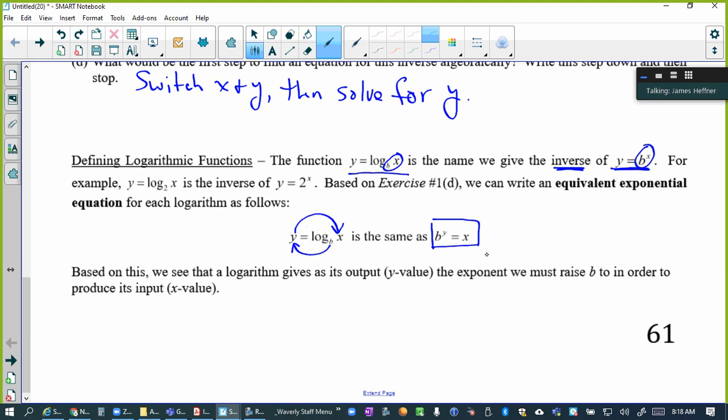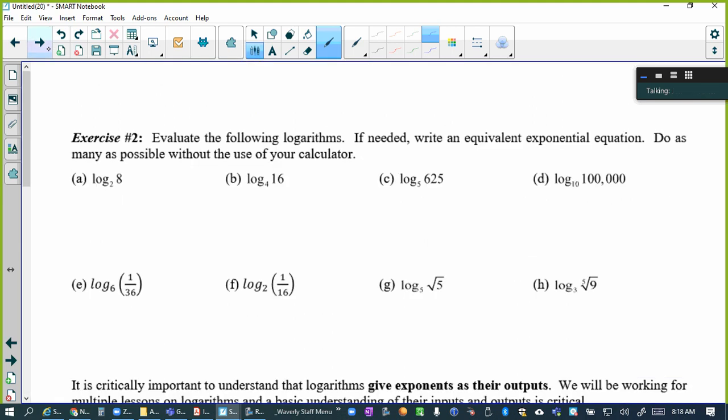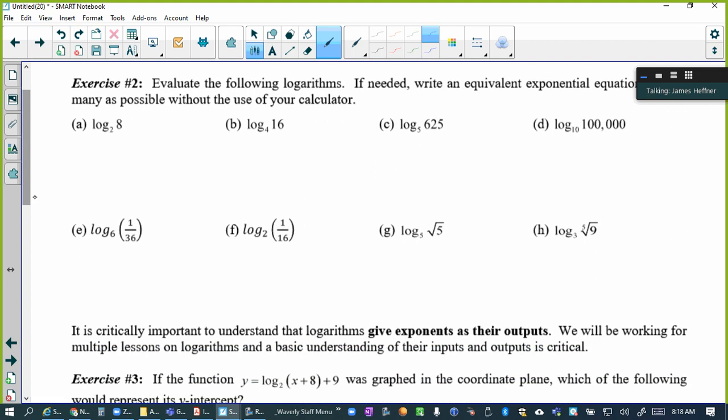All right, let's see what's on the next page. Let's work through a couple of examples here to get comfortable with it. We're on the next page now, exercise 2. Evaluate the following logarithms. If needed, write an equivalent exponential equation. Let's just say each one of these equals x.